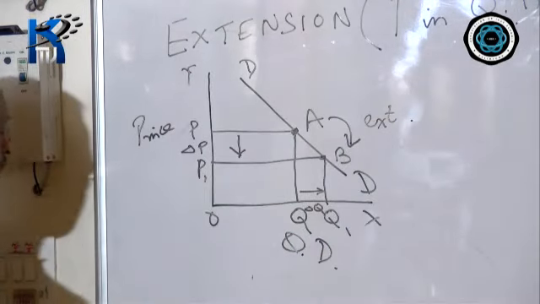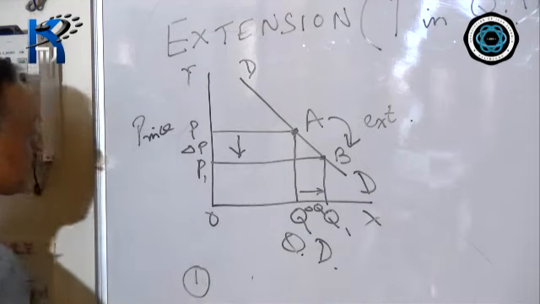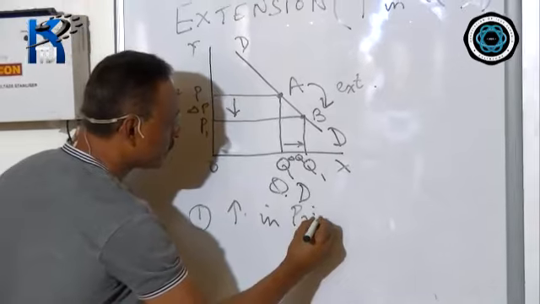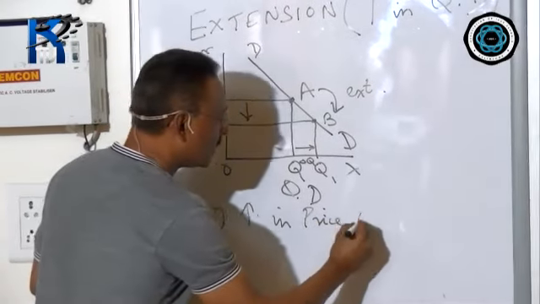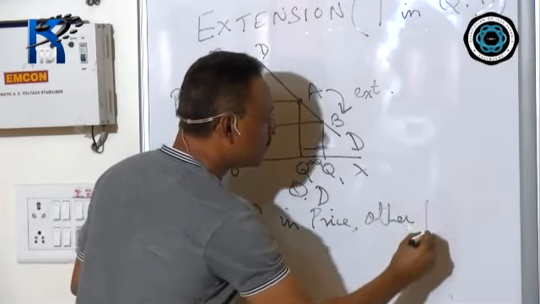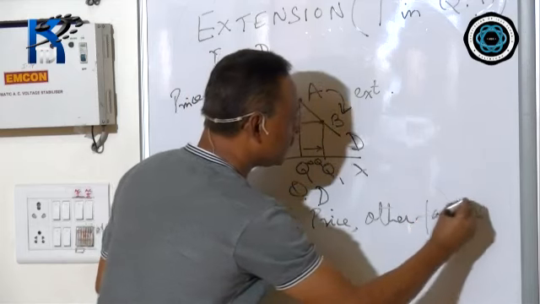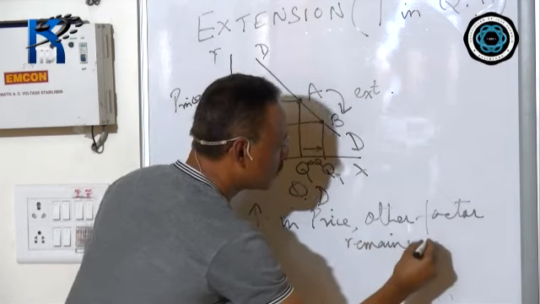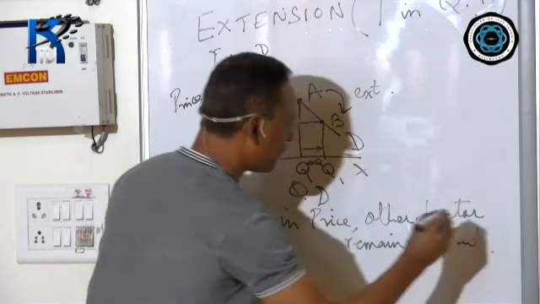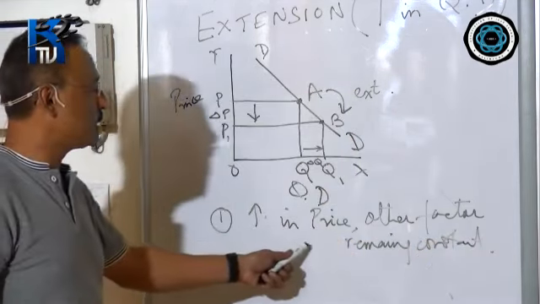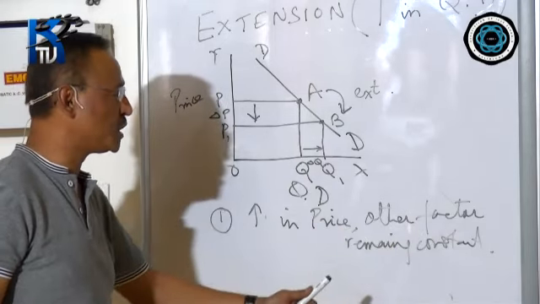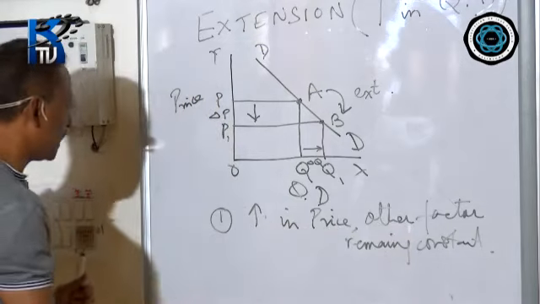What happens? Number one, there is a decrease in price, other factors remaining constant. Price will fall, but other factors like income, price of related goods, government policy remain unchanged.